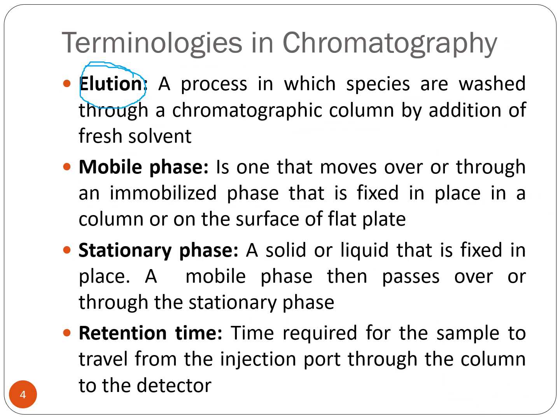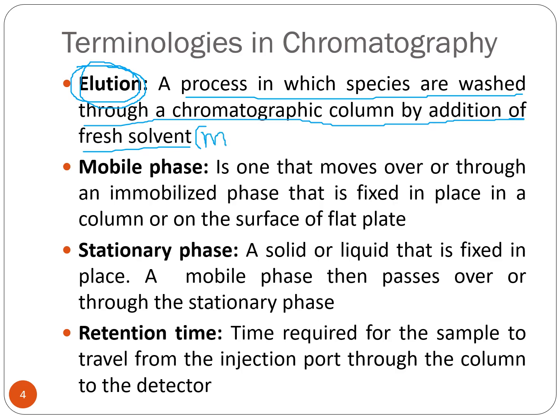Elution tu yang keluar and being detected by the detector, or dia punya definition is a process in which species are washed through a chromatographic column by addition of fresh solvent ataupun mobile phase. Dia being washed, dia keluar daripada chromatography tu being eluted by the mobile phase.